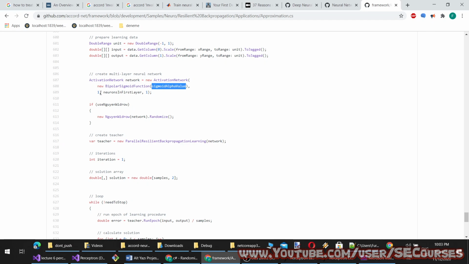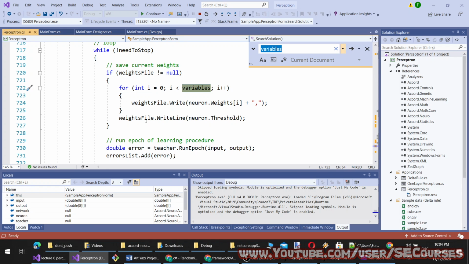With alpha value 1, neuron in first layer 1, 1 and 1. Let's try with 1 and 1.